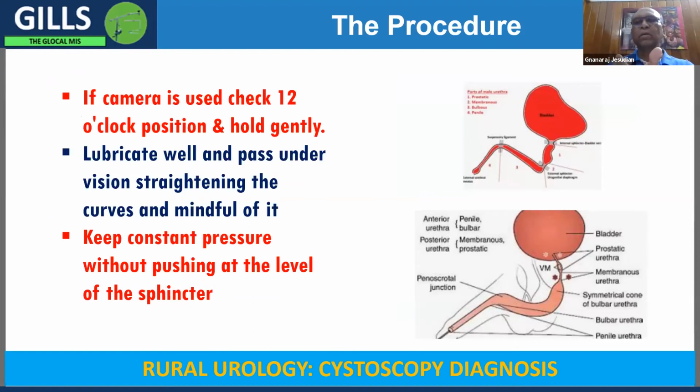But if you're not careful with holding it correctly, then your orientation is difficult. But again, another thing to remember is that it is important to lubricate well and pass the instrument under vision. And any force can cause damage and stricture. So you need to be very gentle while doing the scoping.